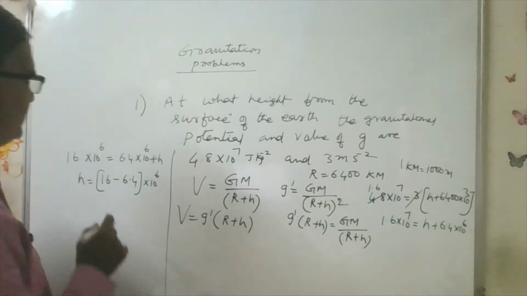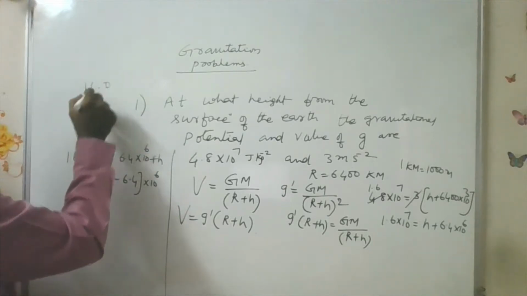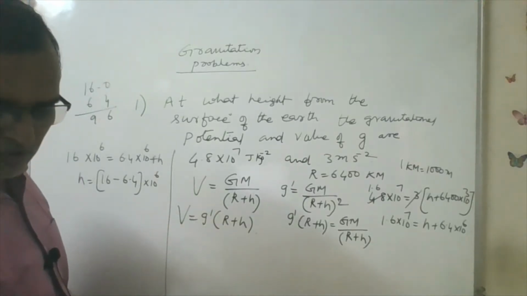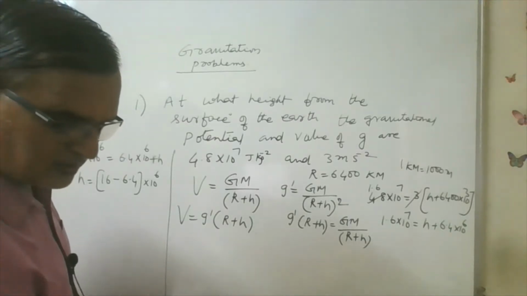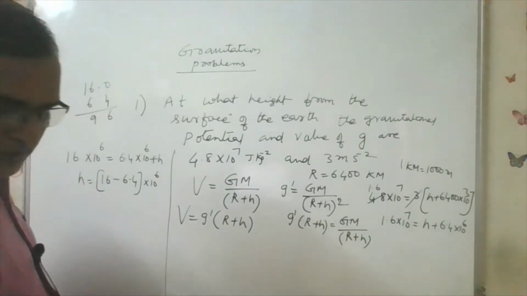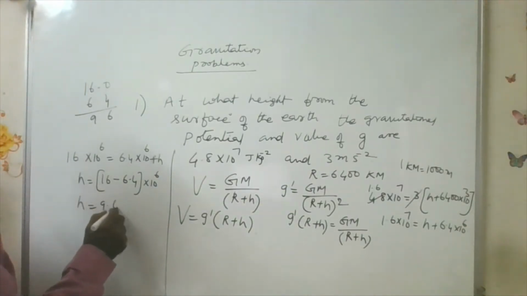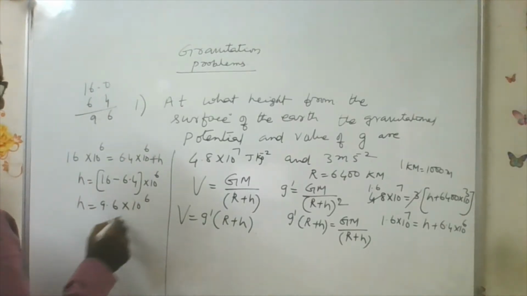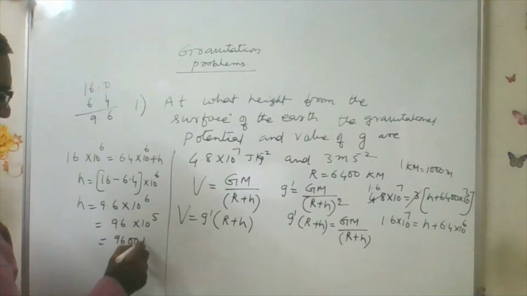That is 9.6, so H is equal to 9.6 into 10 to the power of 6 meters, otherwise 96 into 10 to the power of 5, otherwise 9600 kilometers.